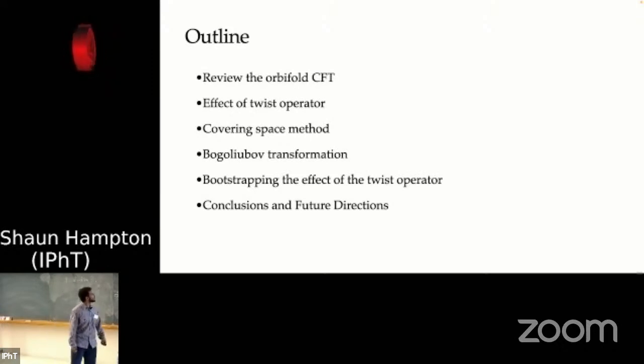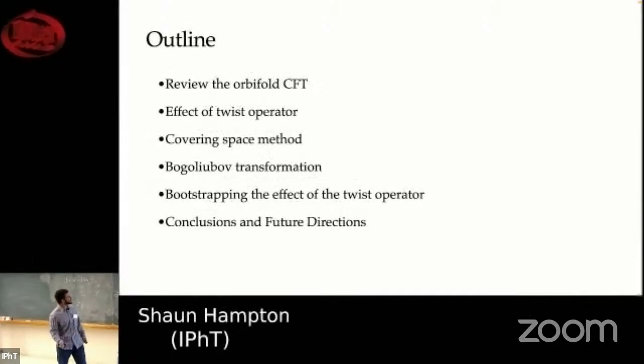Then I'm going to talk about something called a Bogoliubov transformation, which most of us are probably familiar with from quantum fields in curved space-time, but this type of transformation is very relevant when you're considering a twist operator. Then I'll talk about the work that Ben and I have done recently on bootstrapping the effect of the twist operator, which is a way without using the covering map, but using conformal symmetry and some of the generators of the Virasoro algebra.